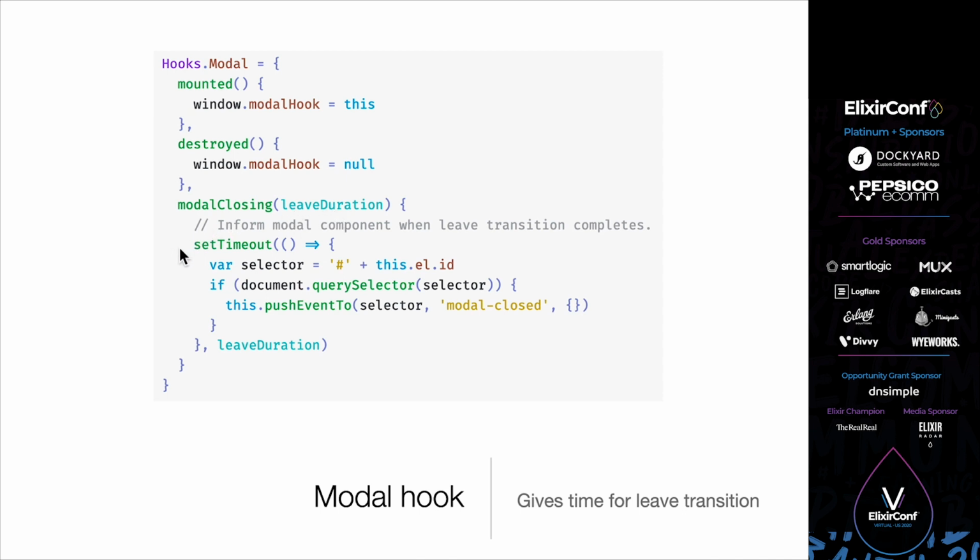When that timeout expires, it pushes an event to the server to close the modal, which changes show to false, which will at that time cause the modal to be removed. The transitions will have completed by that time, so everything will be good.